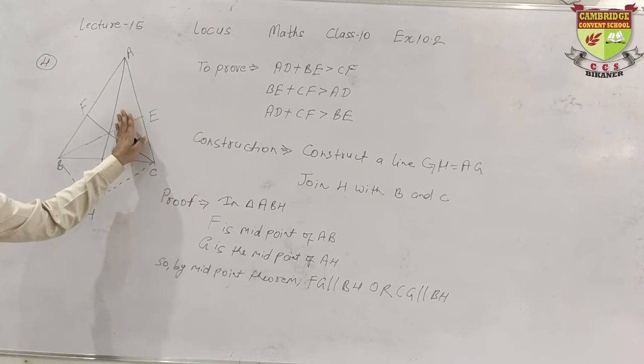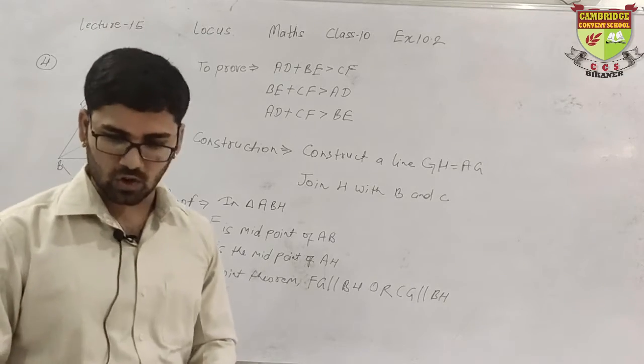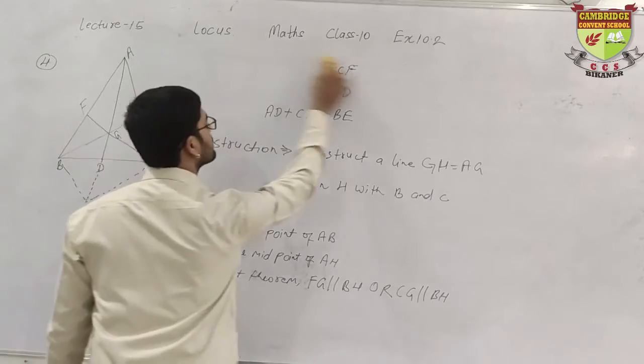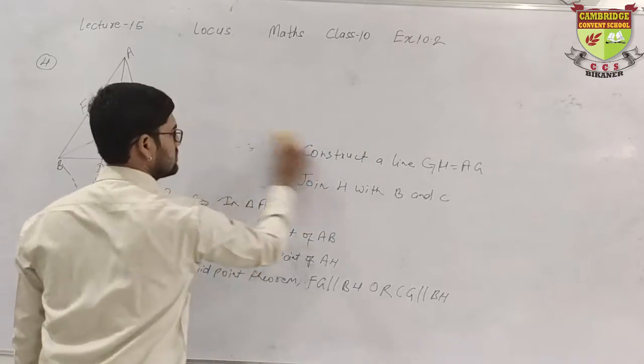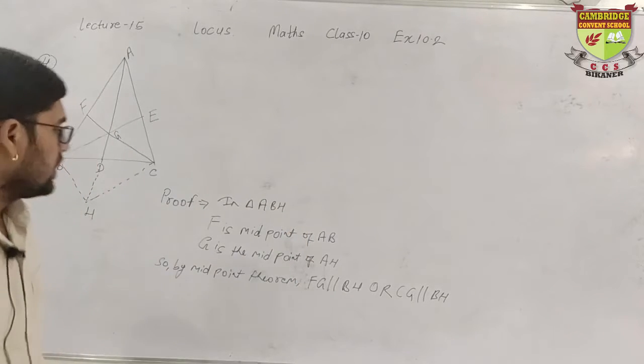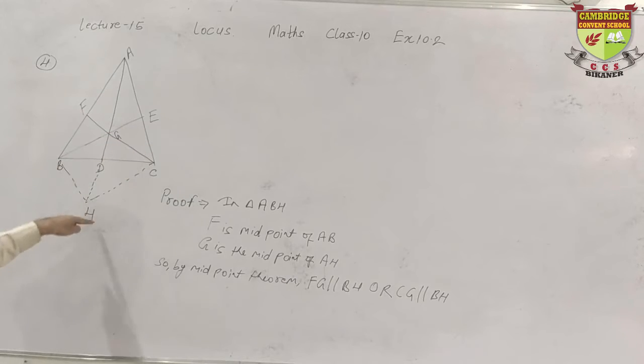Now we will move toward the right side triangle. The same method is going to be repeated for this triangle. So I hope you have written this. I will have to erase this to solve it further. Now I will use this side triangle, the right one, ACH.